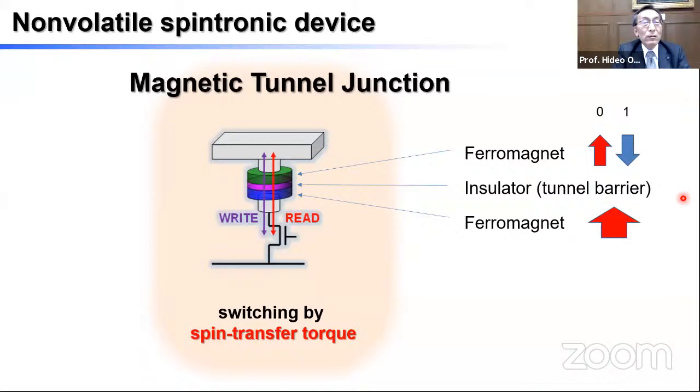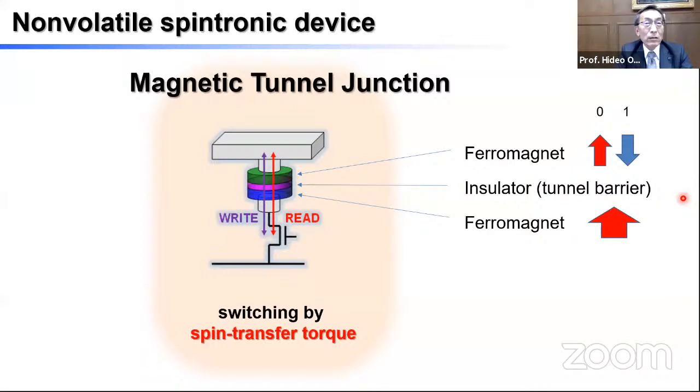So this is a schematic diagram of the magnetic tunnel junction that I just mentioned. The green and blue parts are metal magnets. So now I'm switching gear to the metal arena rather than the semiconductor talks that we had in the previous two talks. The green and blue are metals, separated by a thin insulator, which is colored pink here.